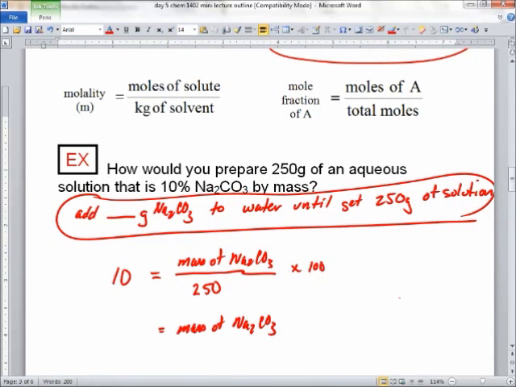So we have the 10. Keep going. Remember the diagonal. So the 250 goes up on the top or the bottom? The top. So we have 10 times 250.